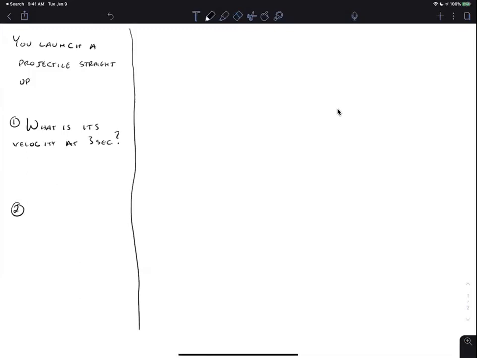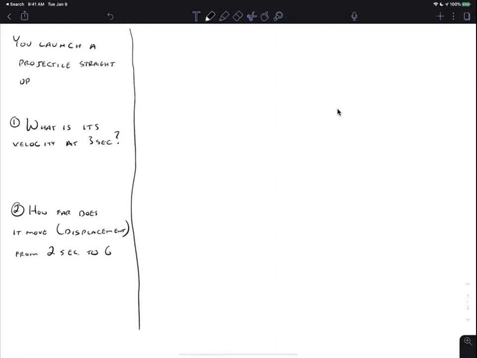And the second question I want to talk about how to answer is, how far does it go? And more specifically, displacement. So I want to actually know the displacement, meaning the net change in height from 2 seconds to 6 seconds.